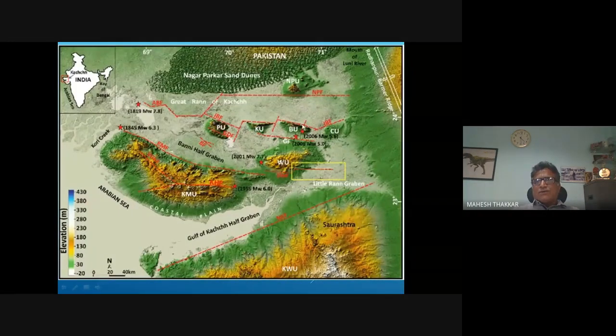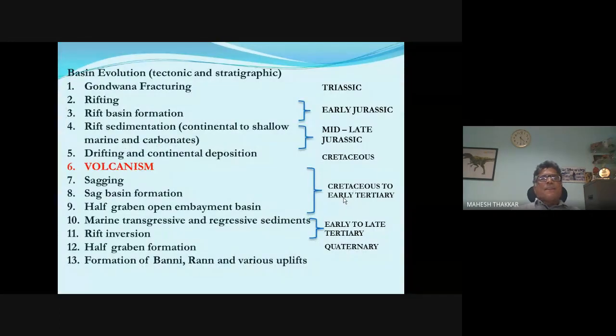So you don't get very many signatures of the latest faulting systems or neotectonics. As such, the Island Belt fault is a very old fault, and it is not a very active fault in comparison with the Katrol Hill fault and Kutch mainland fault. Okay, so this is another picture where you can see the tectonic geomorphology quite clearly.